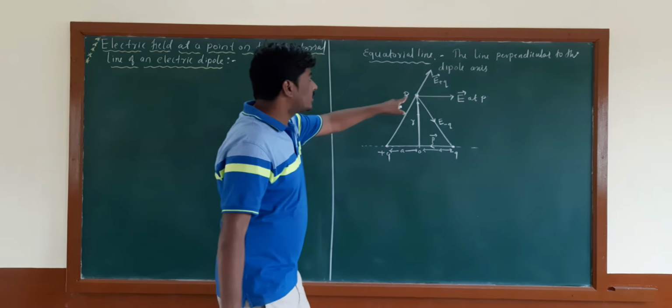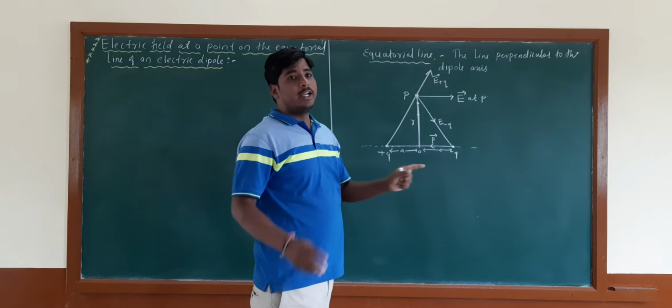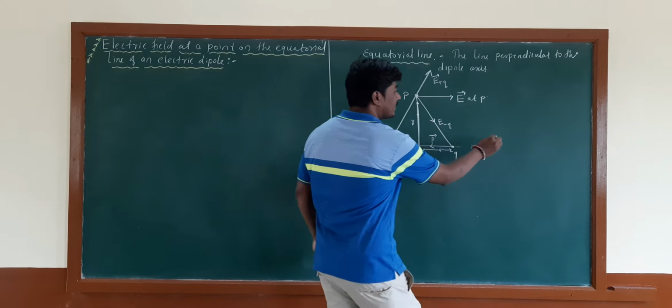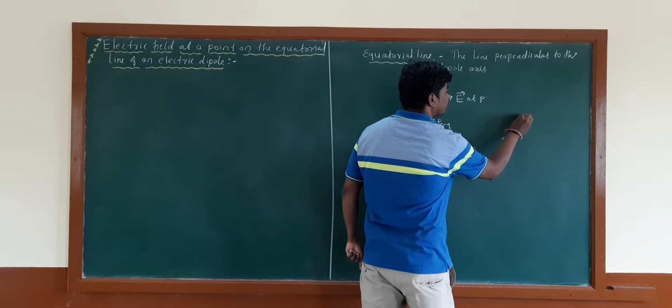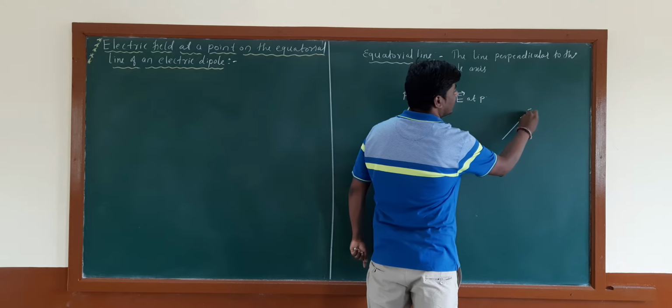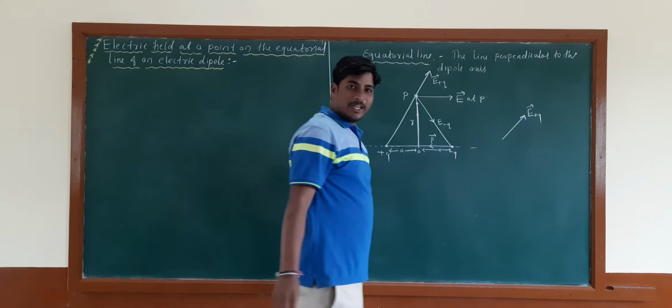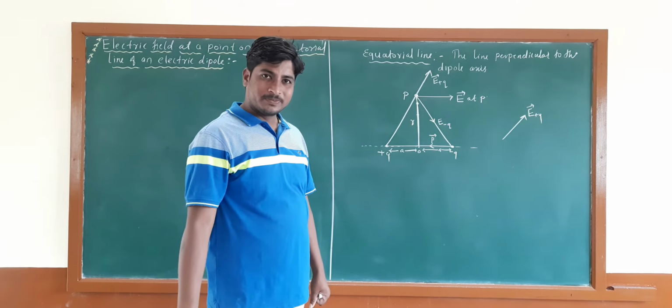First, we have to resolve this E plus Q into rectangular components. We have this E plus Q. Look here. This is the field, that is E plus Q, and this field has to be resolved into rectangular components.